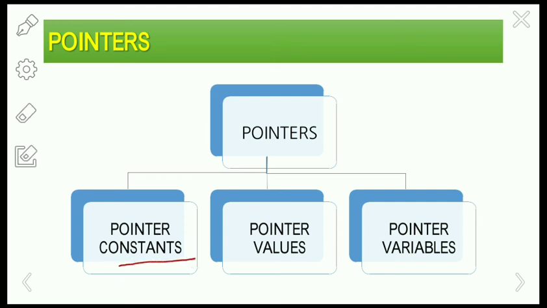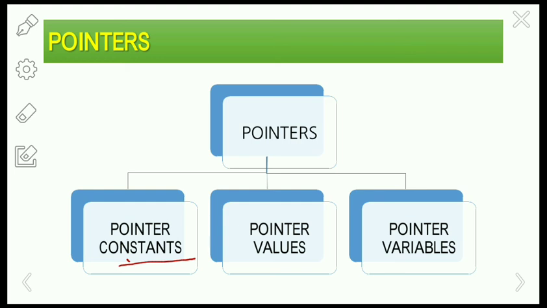The memory address won't change, so we cannot change the address, we can only use them to store the data values. It is like a house number. So the pointer constant is nothing but a memory address.